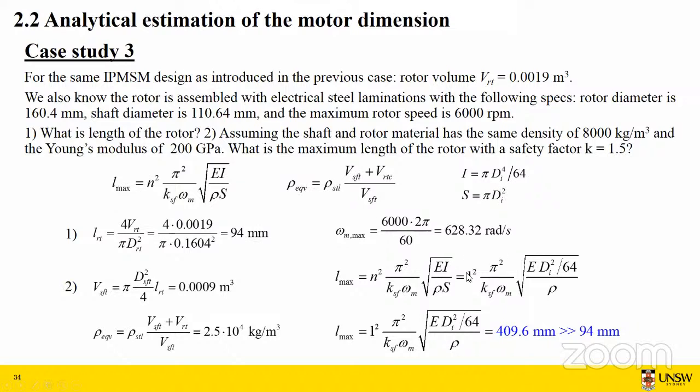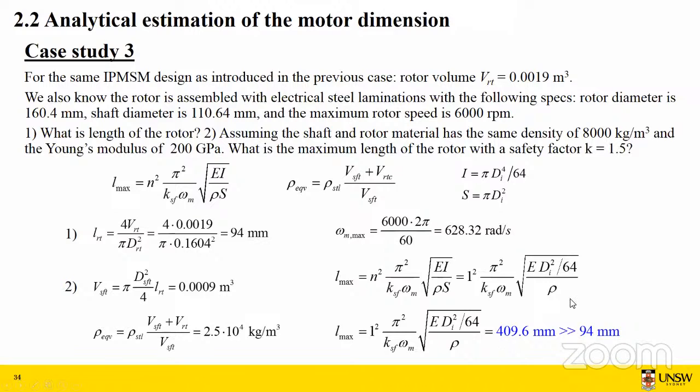Okay. And we simplify this equation. This is the value we can get. So we can get the maximum permitted rotor length is 409.6 millimeter, which is far higher than the real rotor length. So this is a very safe design.